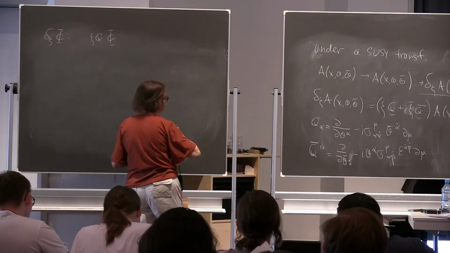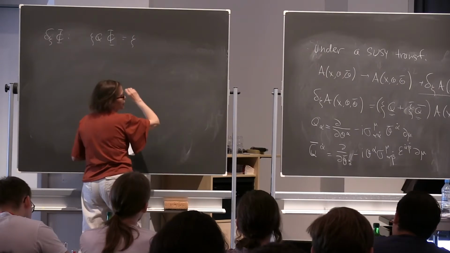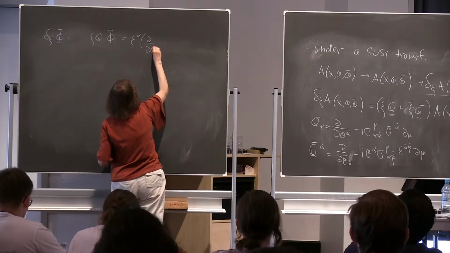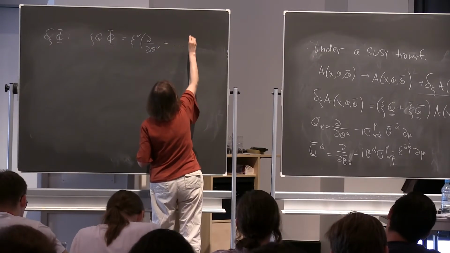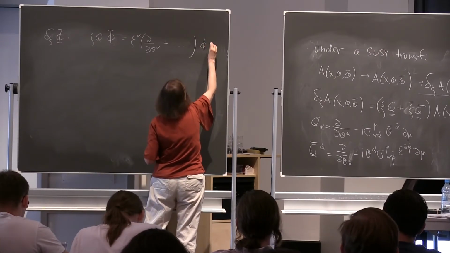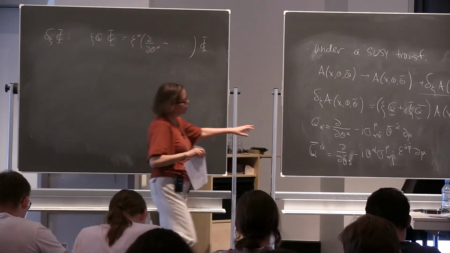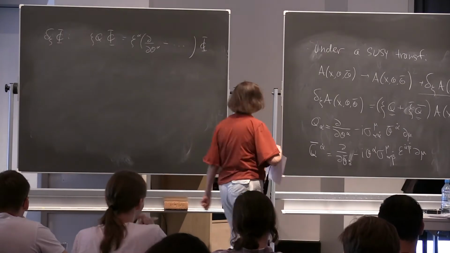So there are two parts here. There is the xi, and then there is d over d theta alpha minus the rest, which I'm not going to write down here, and I want to apply it on phi. So let's first of all look at the d over d theta piece.